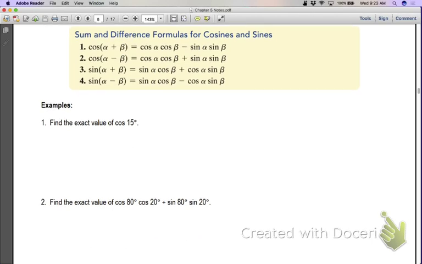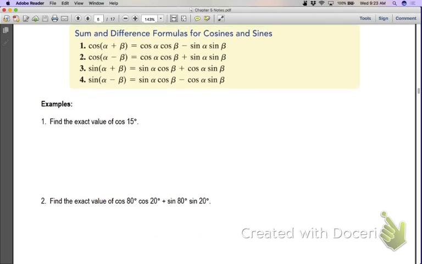Now with this, I'm going to go to 2 first, and then I'm going to come back to 1. With most of these that I'm going to give you, it's going to be angles that are easy to work with. Whenever I say easy to work with, that means it's going to be like 0, 30, 60, 90, 45, that sort of thing. It's the values that you can cheat with your left hand and find all of your values.